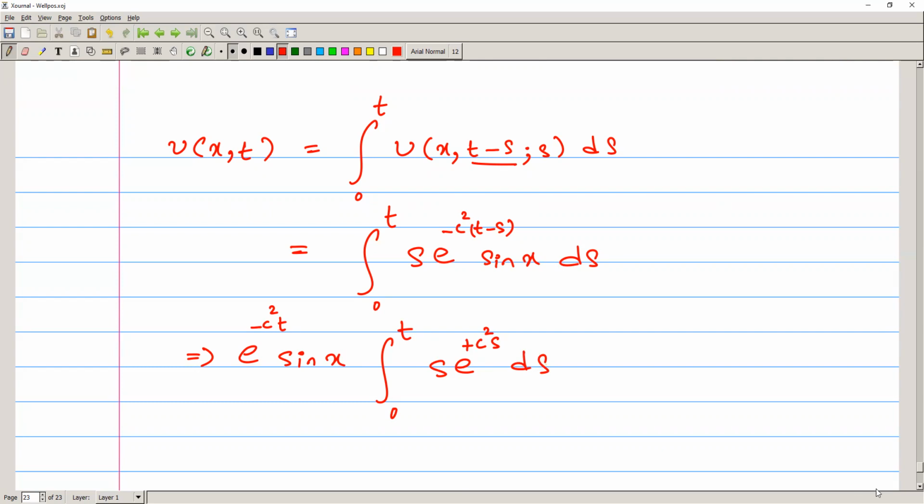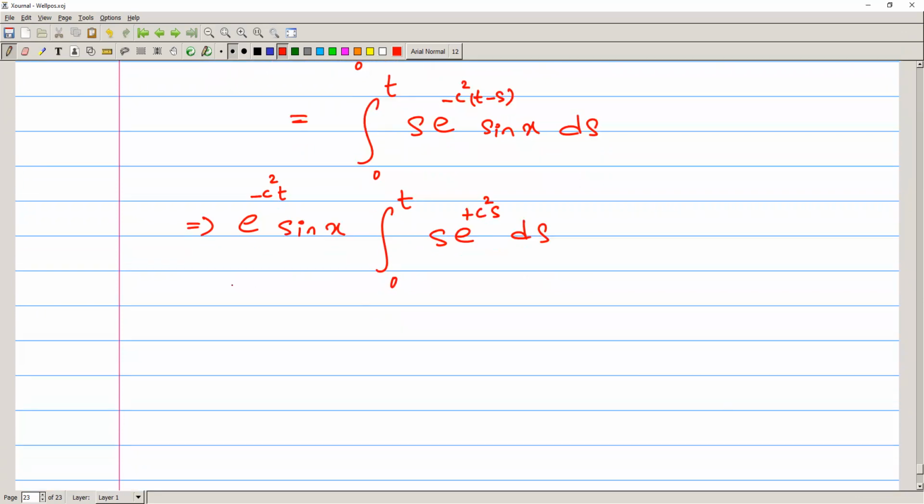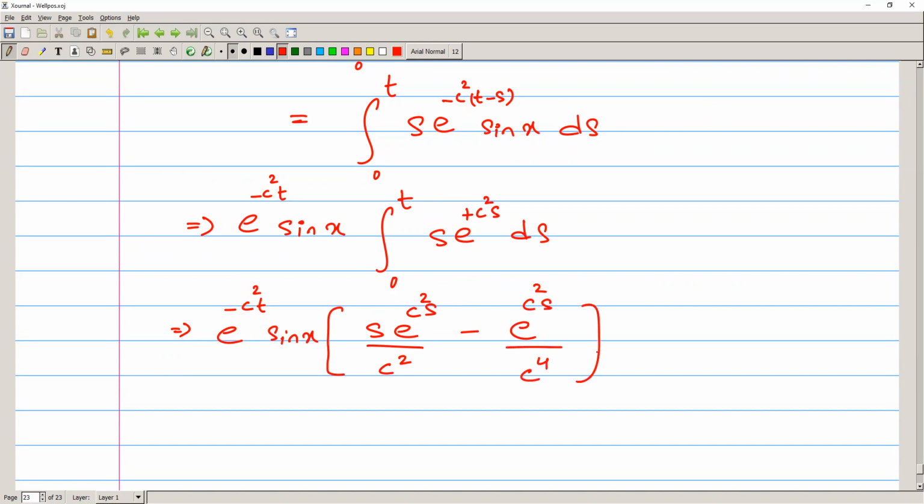So we can integrate this using integration by parts. This implies that this will be e to the power negative c squared t sine x times s e to the power c squared s divided by c squared minus e to the power c squared s over c to the power 4.